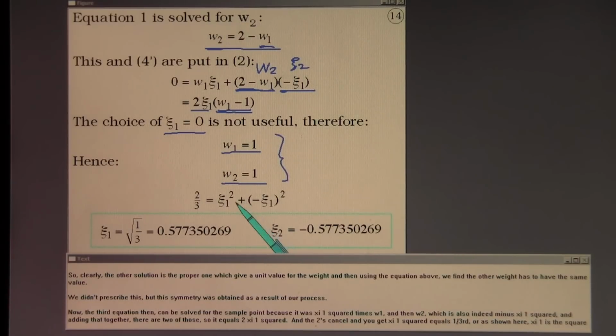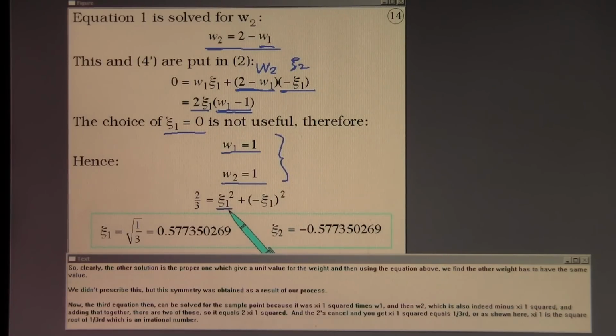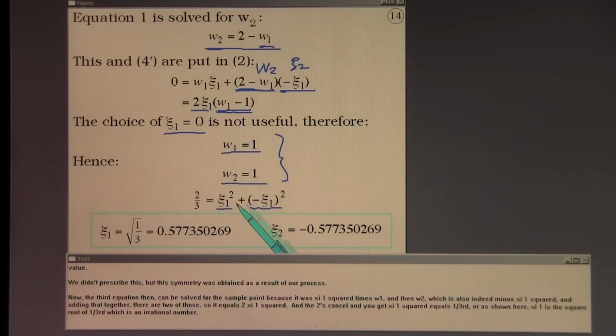Now the third equation can be solved for the sample point because it was C1 squared times W1 and then W2, which is also unity, times minus C1 squared. And adding that together, there are two of those, so it equals 2C1 squared.